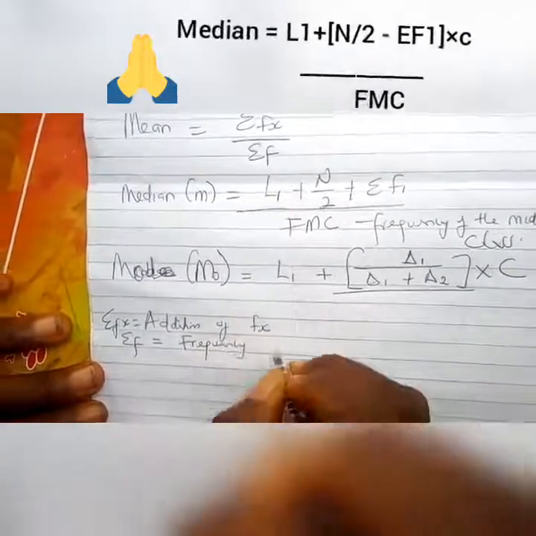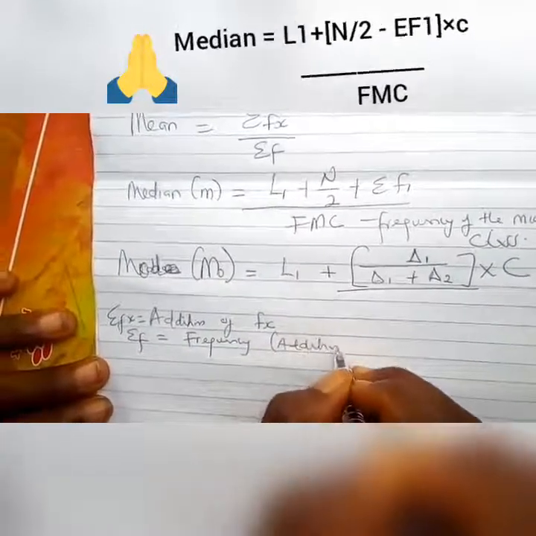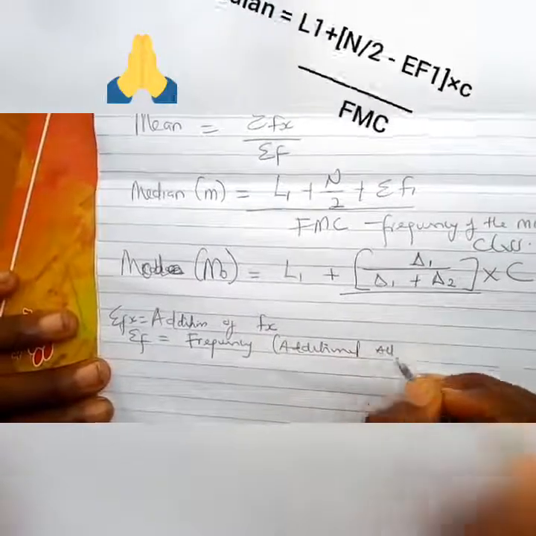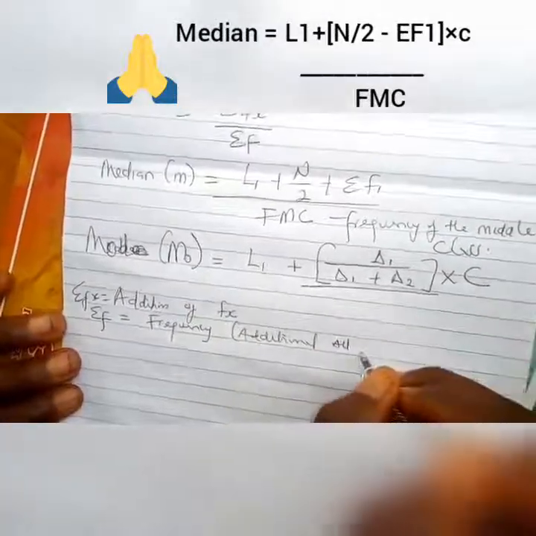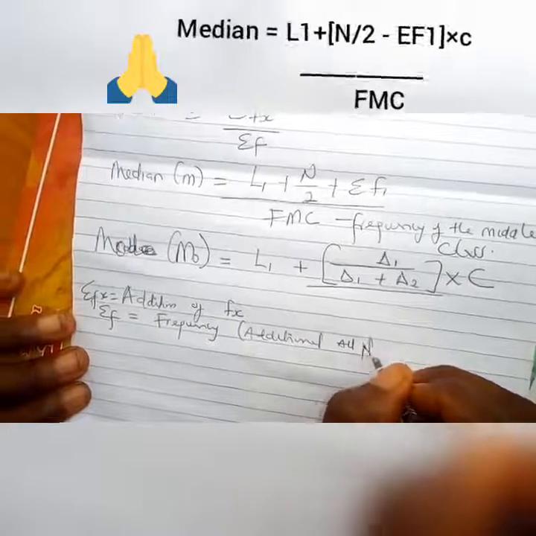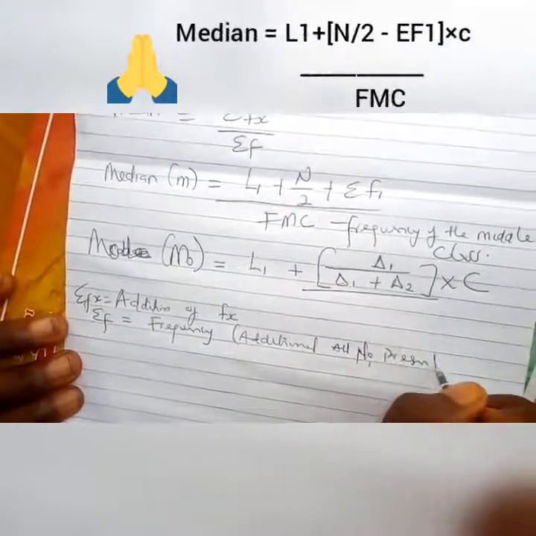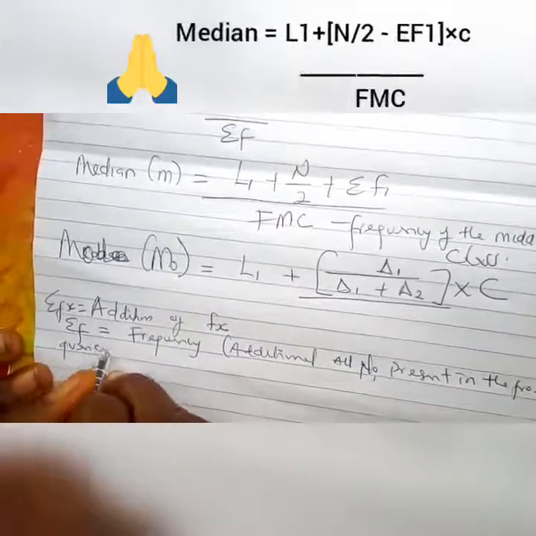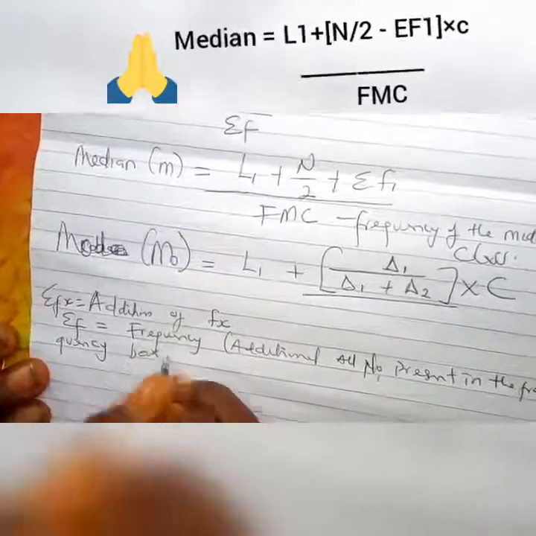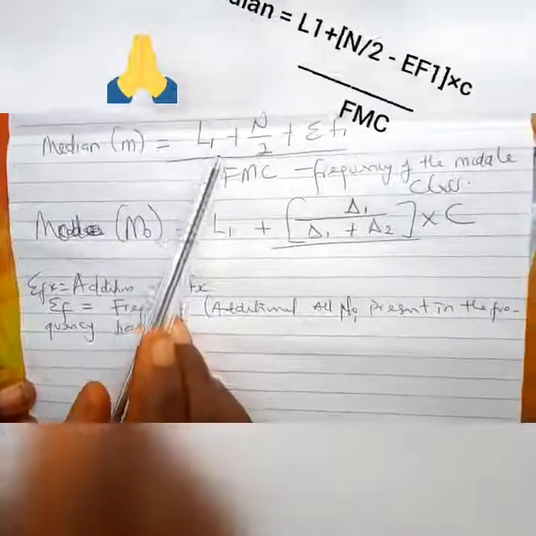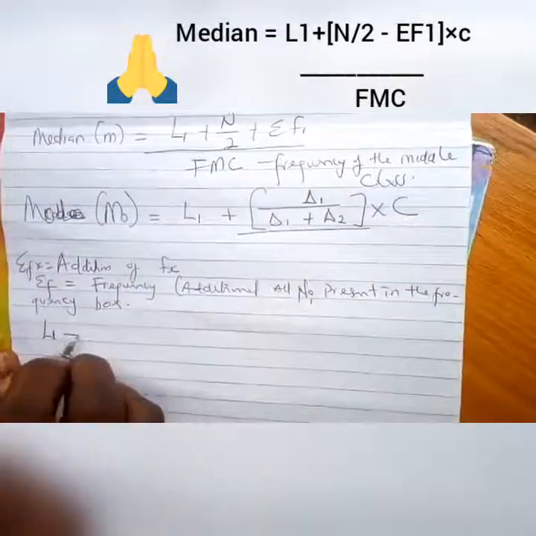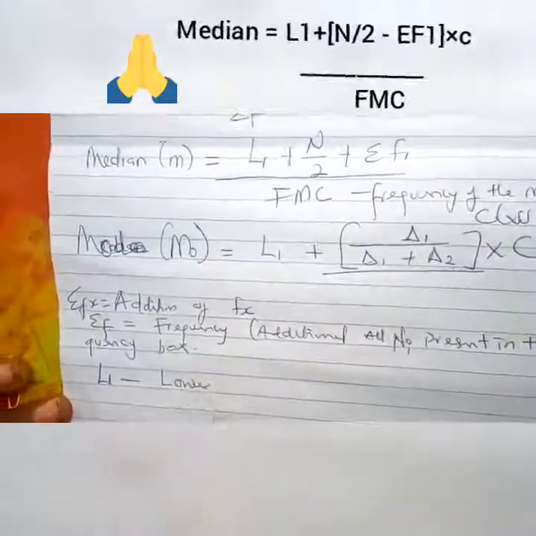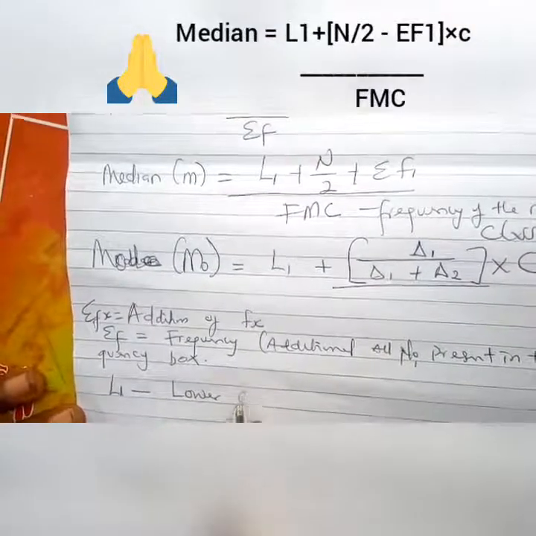So it is the addition of all the numbers present in the frequency box.